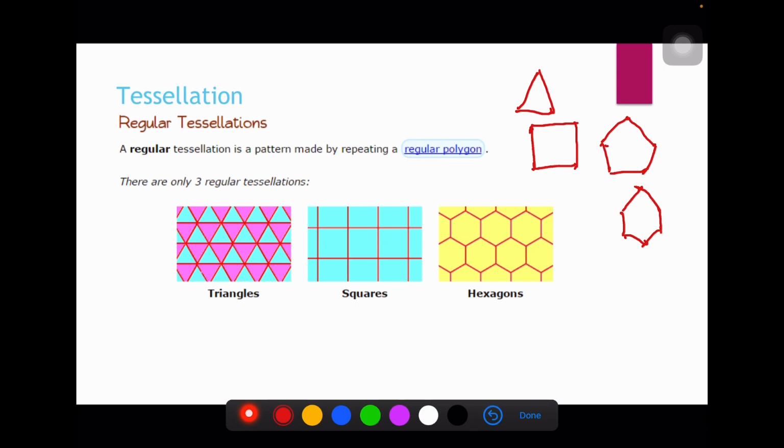Here we can see that this all uses triangles, this all uses squares, and this all uses hexagons.